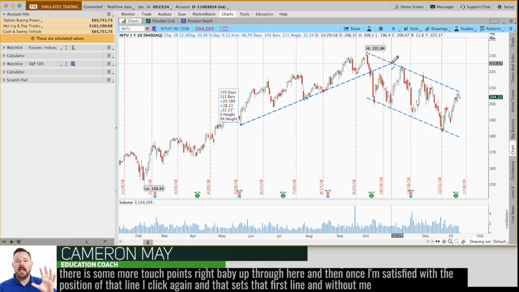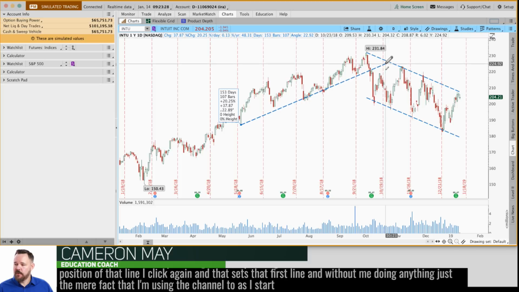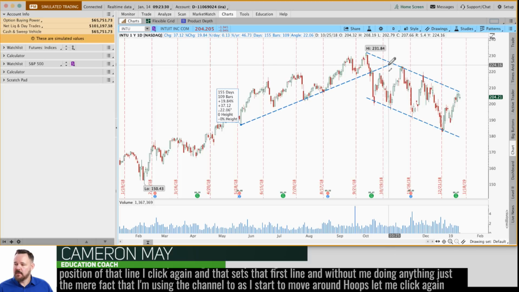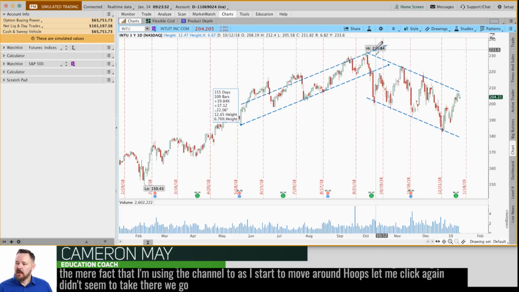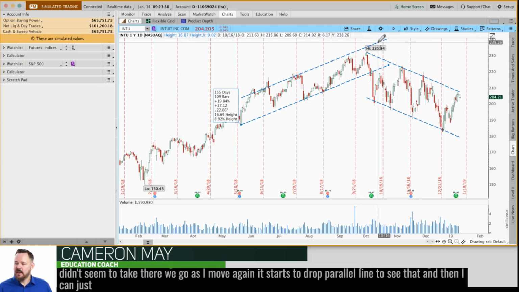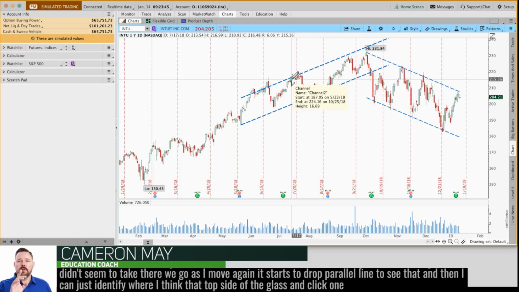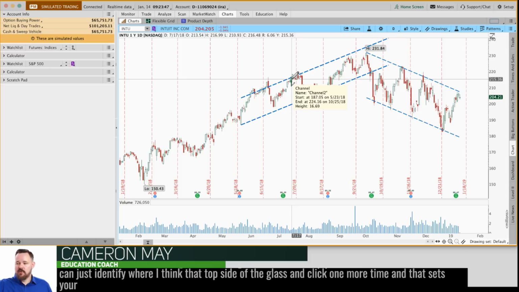And without me doing anything, just the mere fact that I'm using the channel tool, as I start to move around, oops, let me click again, didn't seem to take, there we go. As I move again, it starts to draw a parallel line. Do you see that? And then I can just identify where I think that top side of the channel is, and click one more time, and that sets your channel drawing.